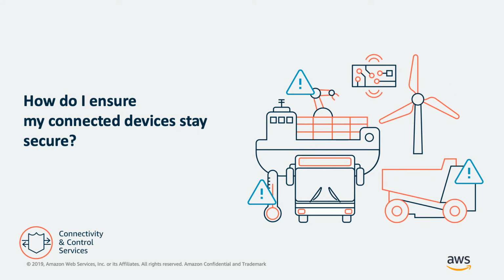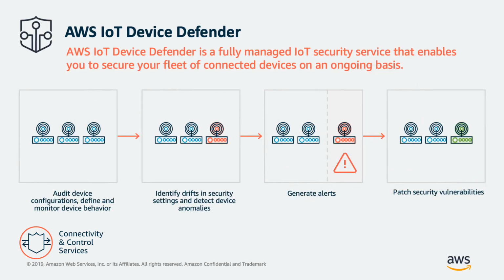Ultimately, we also have to ask the question, how do I ensure my connected devices stay secure? On this theme of security and secure tunneling, and many other layers of security and encryption, we are introduced to a service called AWS IoT Device Defender. In August 2018, we launched the AWS IoT Device Defender service that helps customers secure the IoT resources associated with their devices.